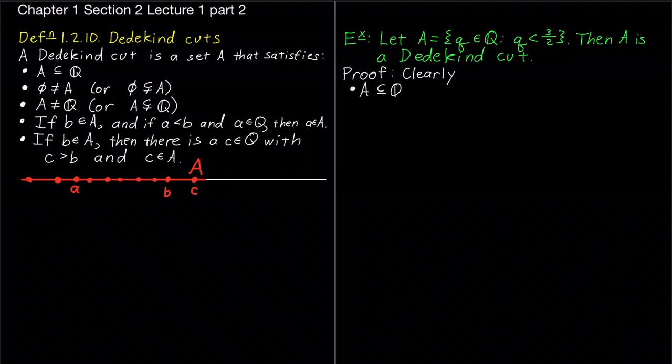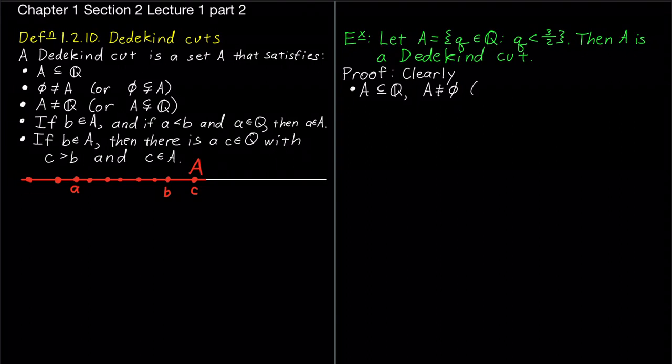A is a subset of Q. A is not equal to the empty set because, let's say, 0 is in A. A is not equal to the set of all rational numbers. Let's say 2 is not in A, so we're missing something.